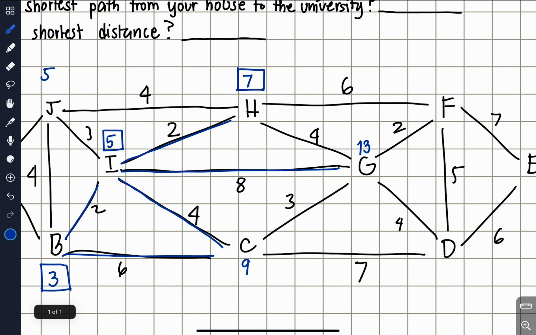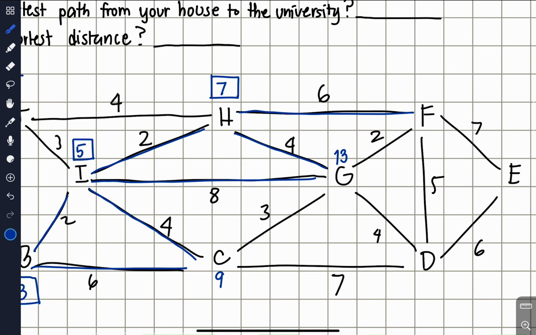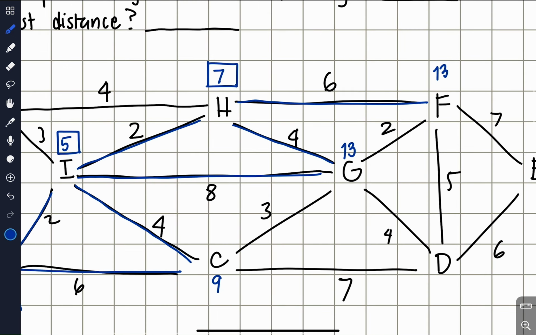Next, we again consider the distances from 7. So from H to F and from H to G. From H to F, we have 7 plus 6 is 13. From H to G is 7 plus 4 is 11.